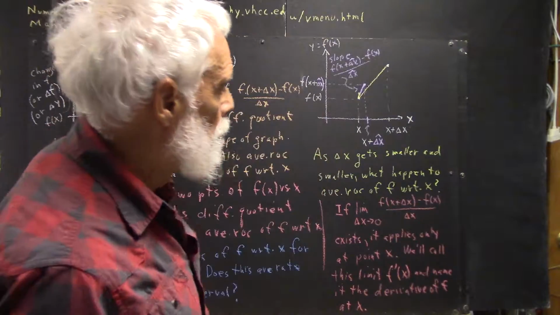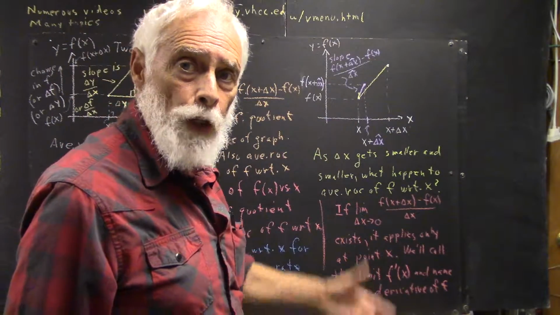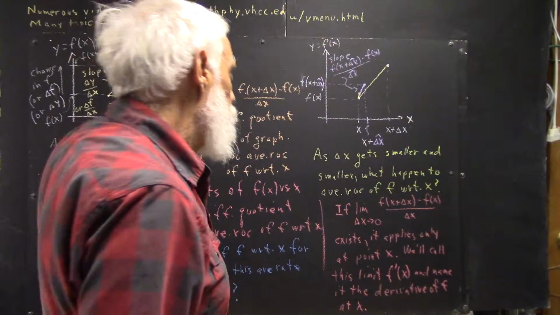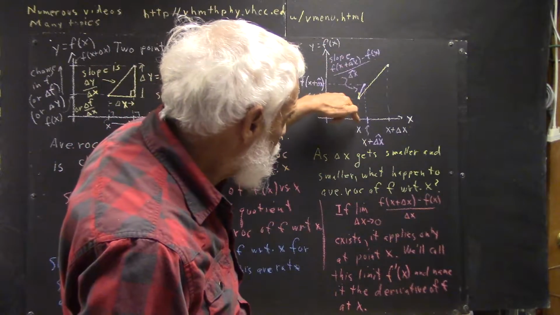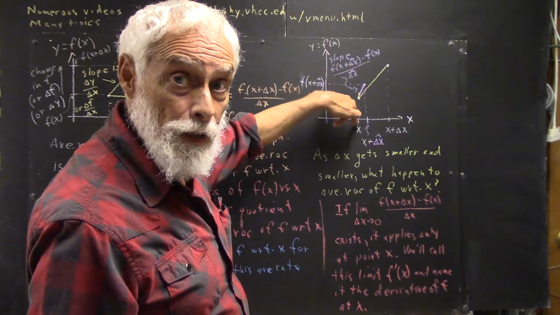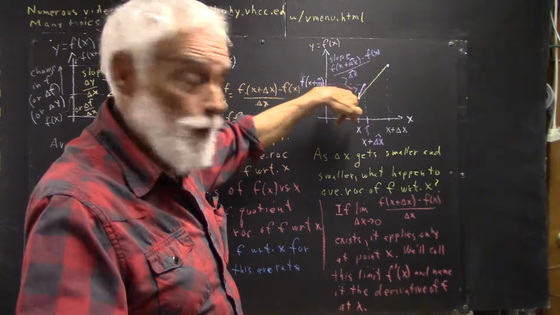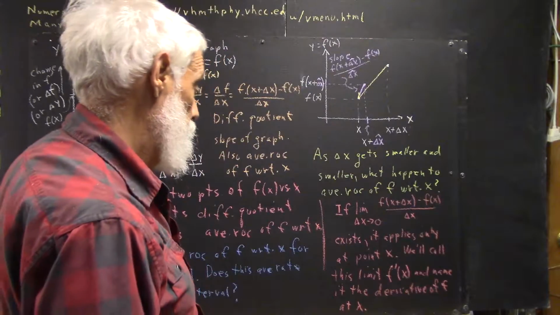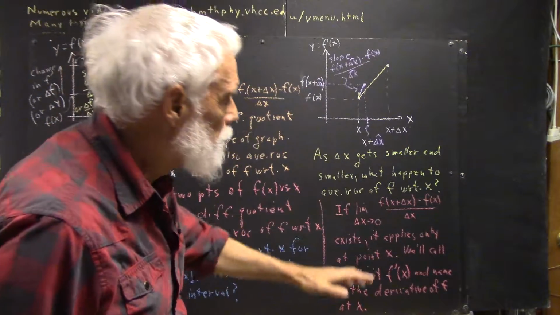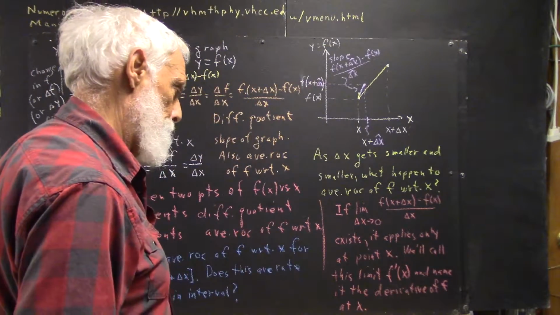And we'll observe that that limit represents the rate at which the function is changing right at x. Not at x plus 1/billionth, not at x minus 1/trillionth, but at x. So we call this the instantaneous rate of change.